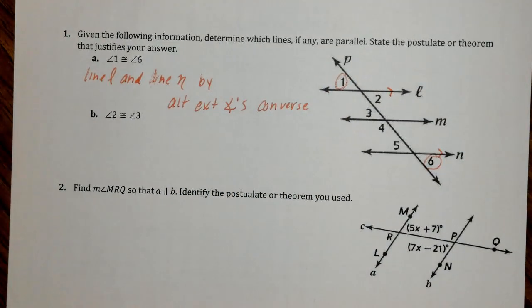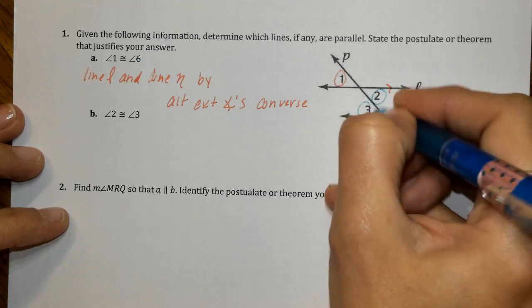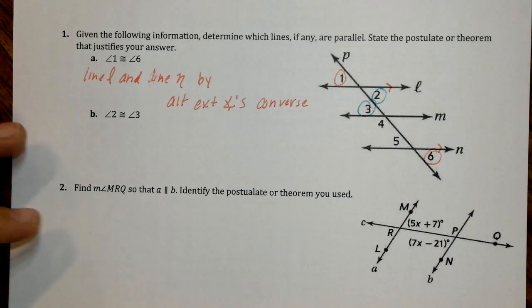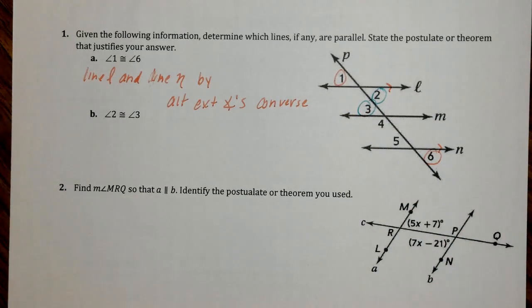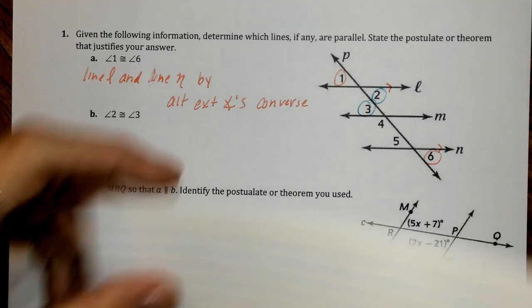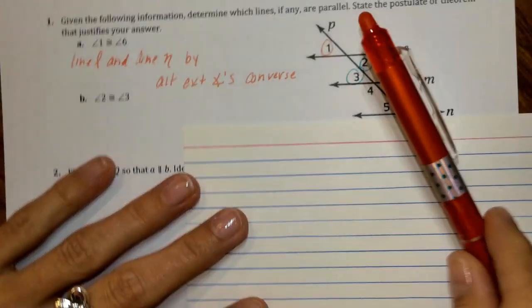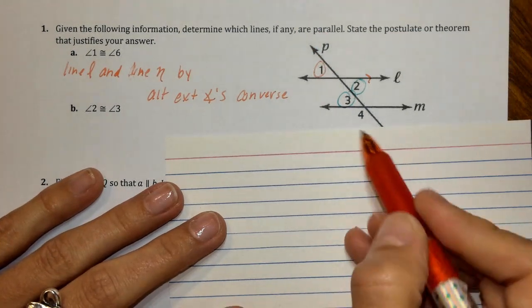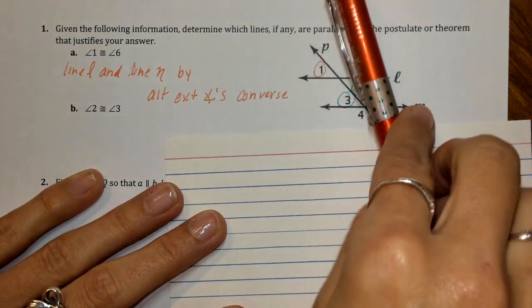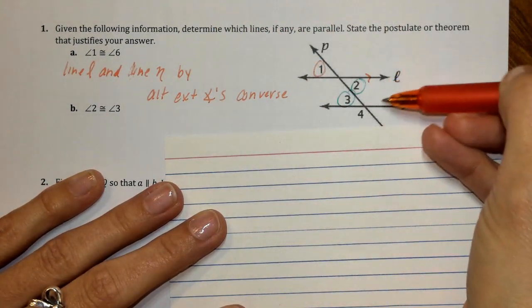Okay, we're just saying what kind of angles, converse after it. Next we have angles 2 and 3. So here's angle 2, here's angle 3. Now we are not using the line N. So we take a look at our transversal line P. Angles 2 and 3 are on alternate sides, and now they are interior.